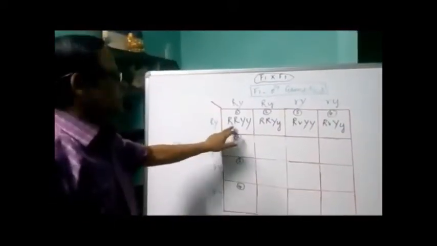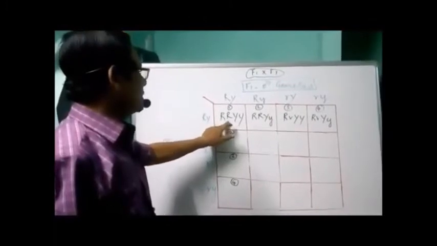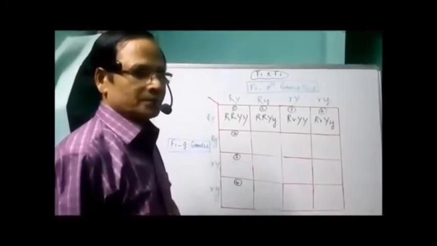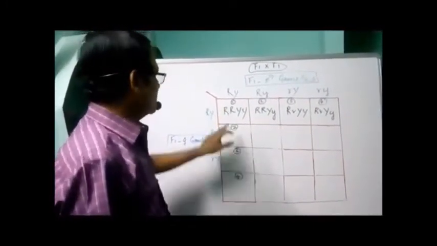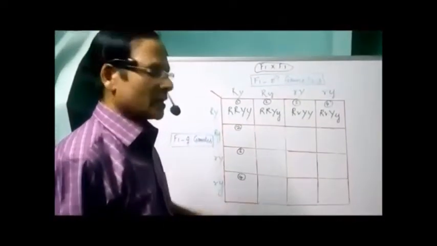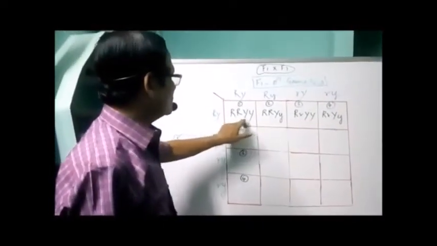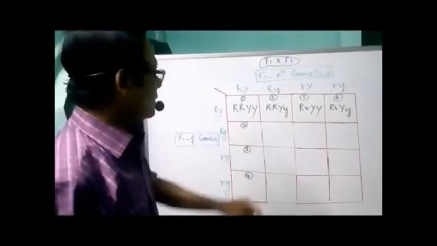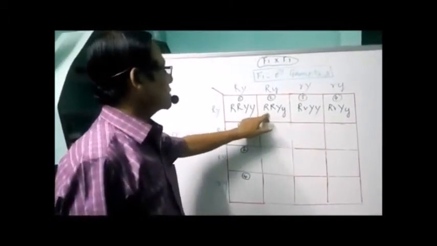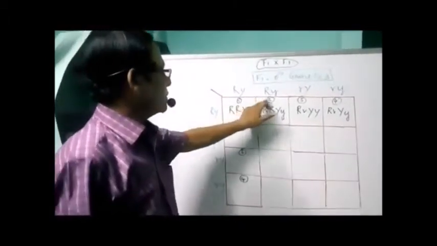If you analyze, here you see all the genes are dominant, and also homozygous for each character. So this is homozygous round, this is homozygous yellow. Now here, 3 genes are dominant, in box number 2 and box number 3.